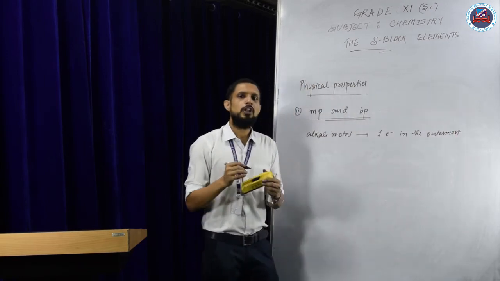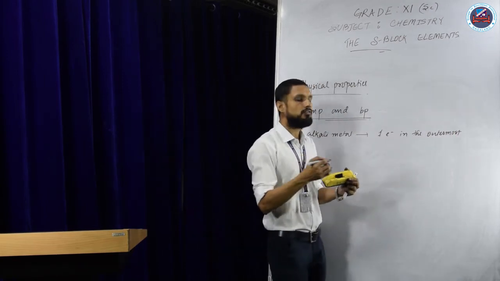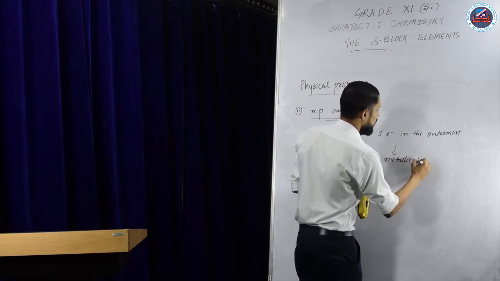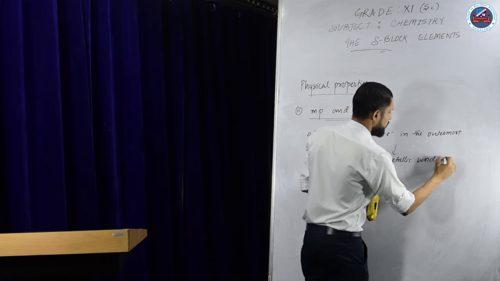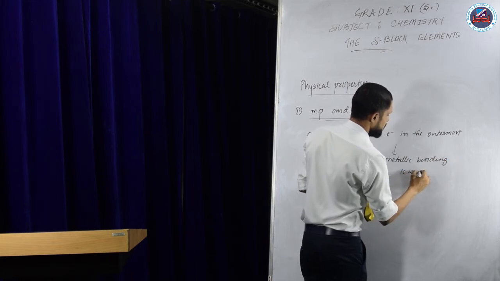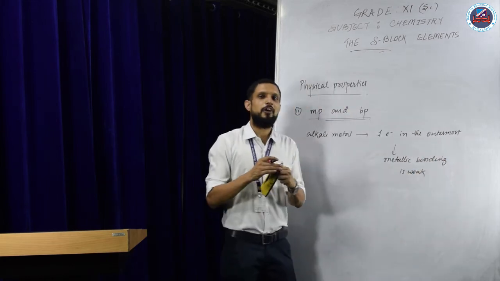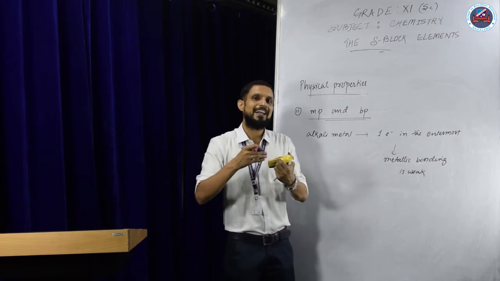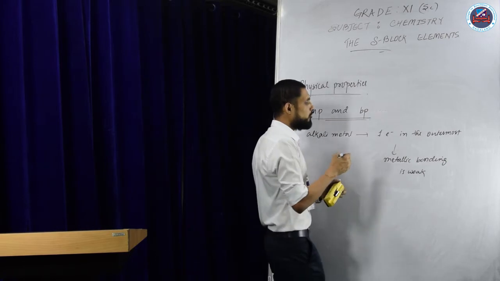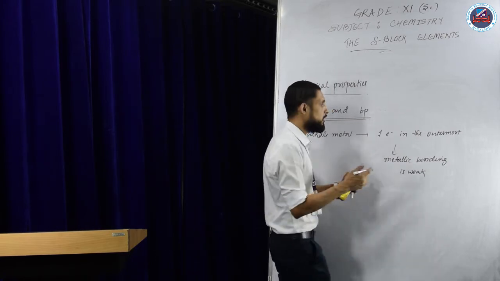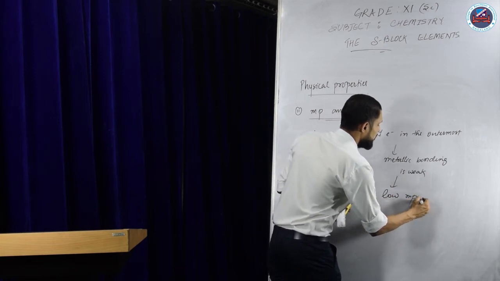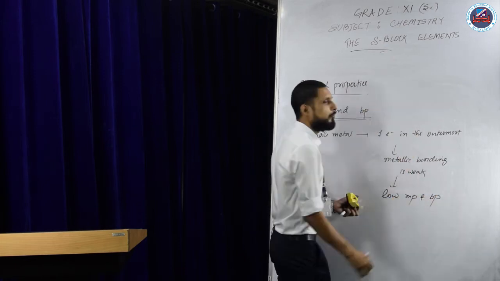And because of only one electron, their tendency to form metallic bonding is very weak. That means they have very little tendency to form metallic bonds, that is interatomic bonds. And because of this weak metallic bonding, they have low melting points and boiling points.